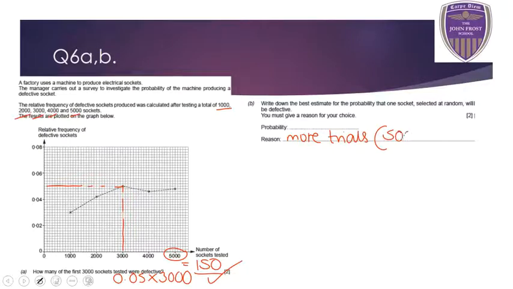We're using the 5,000, but the probability, if you trace from that cross back, you end up in one small square less than 0.05. If you think of that as 0.050, it'll be 0.048.